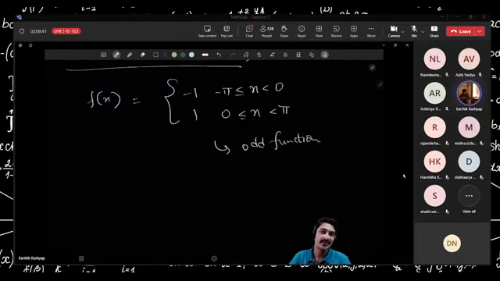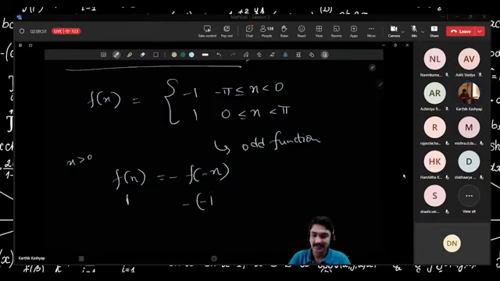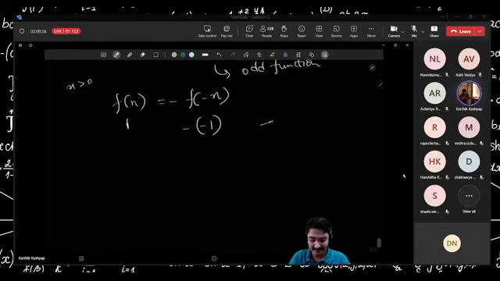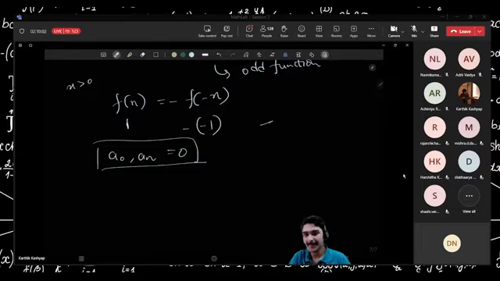That is, f of x is equal to minus f of minus x, because let's say for x greater than 0 this value is equal to 1 and this value is equal to -1. So yes, this is an odd function. So we don't need to directly find a0 and an. We can just say both of them are 0 for all n values.